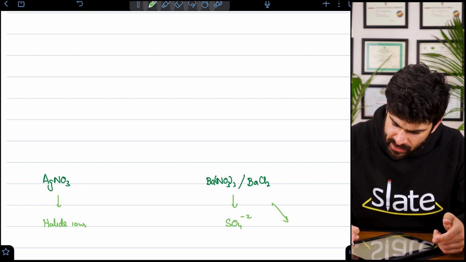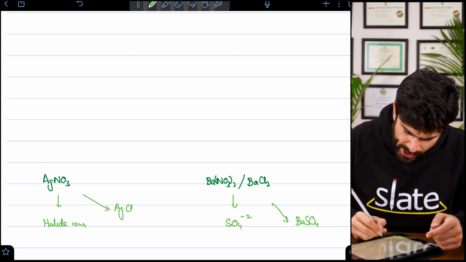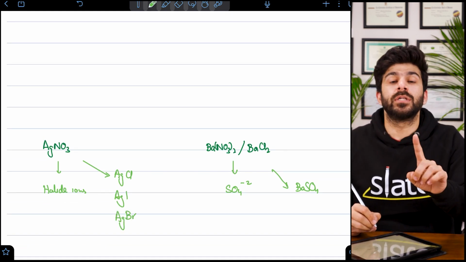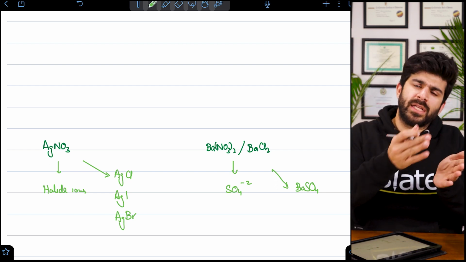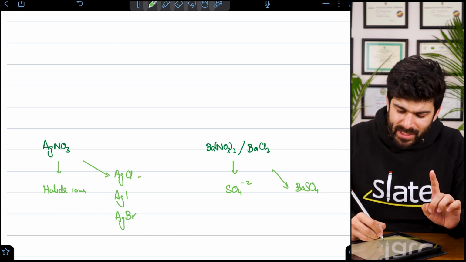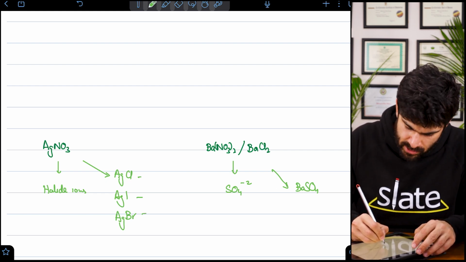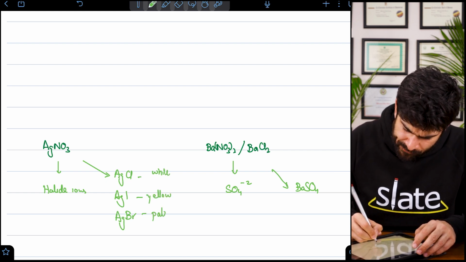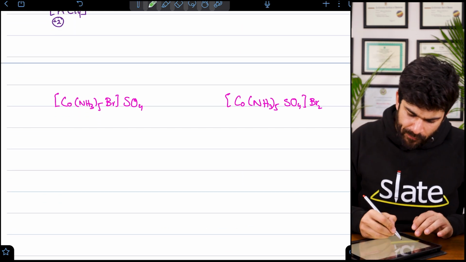This makes barium sulfate, which was insoluble, and this makes silver chloride, silver iodide, silver bromide, and you need to memorize the colors again, because there are various questions in P4 where they ask you which one has iodine, which one has chlorine. You will react them with silver nitrate and find out the color of the precipitates. White for chloride, yellow for iodide, pale or cream for bromide. I changed the order.